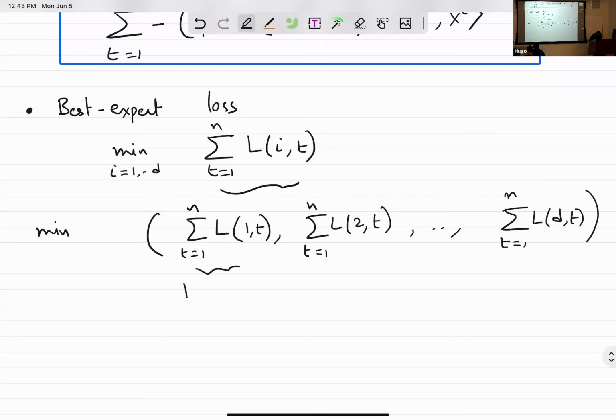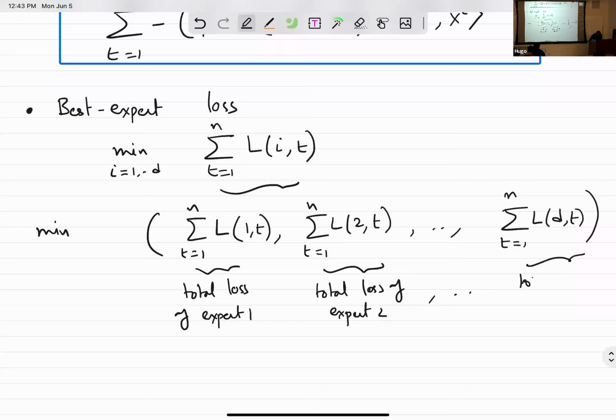Right, so this is the total loss of expert 1, total loss of expert 2, and so on. And we have to take the least coordinate among all of these things.